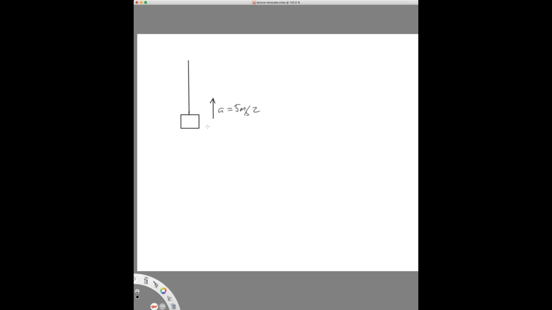And suppose we want to know the tension in the rope. Okay, so that's a fairly typical problem. And maybe this object has a mass of 3 kilograms.